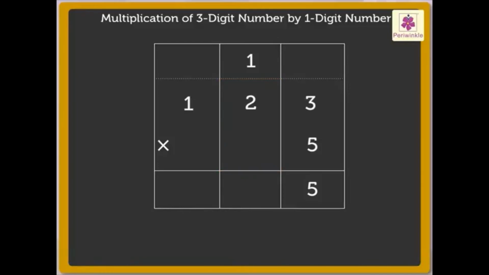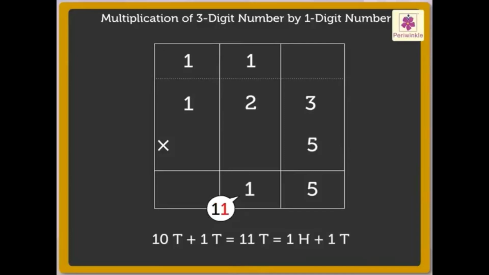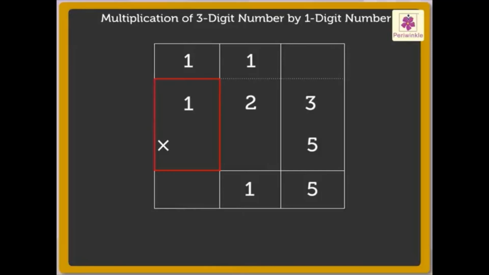That is, 2 tens into 5 is equal to 10 tens. Add the carried over 1 ten to the 10 tens to get 11 tens, which is further regrouped as 1 hundred and 1 ten. Lastly, multiply the hundreds.